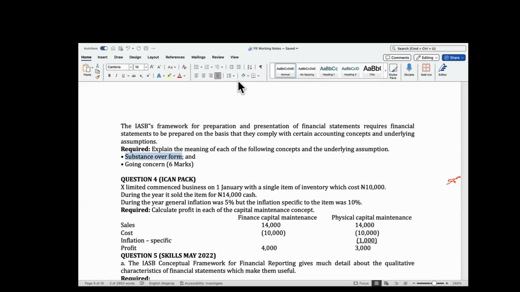Any other trial? Yeah, that assumption states that an asset should be recognized in its financial existence and not based on ownership or legal existence. Like he used example of leases.